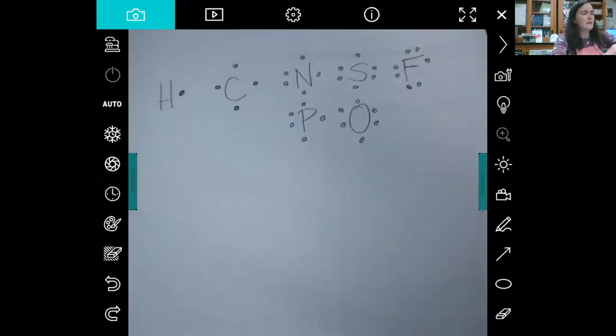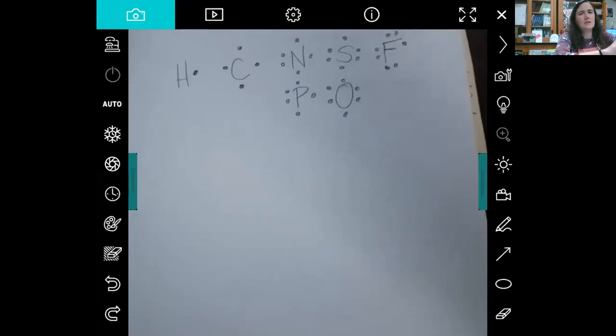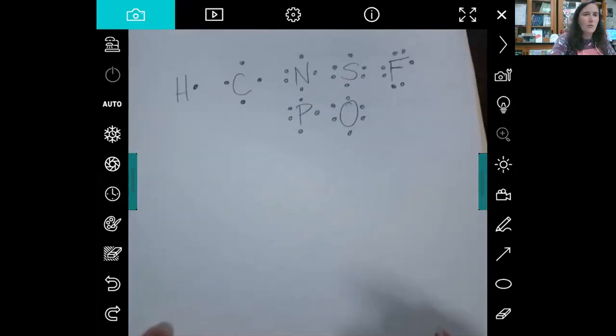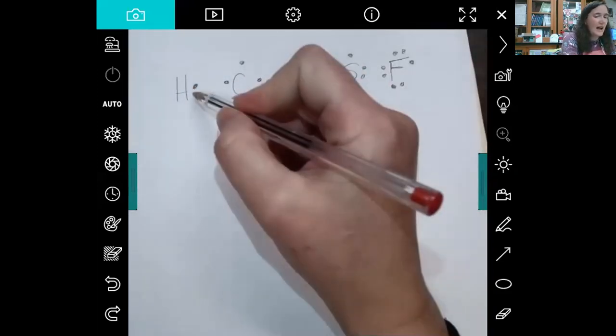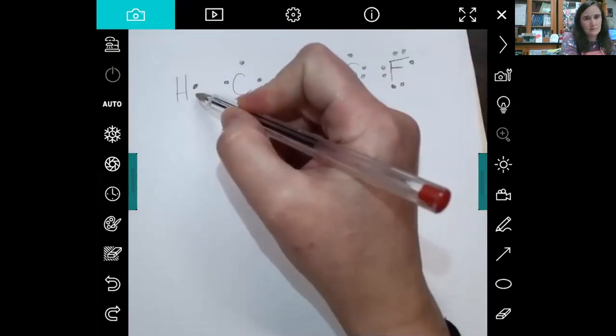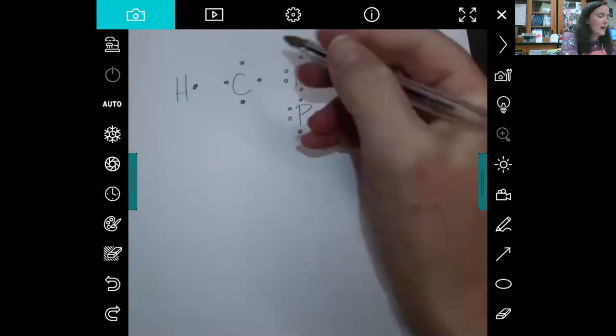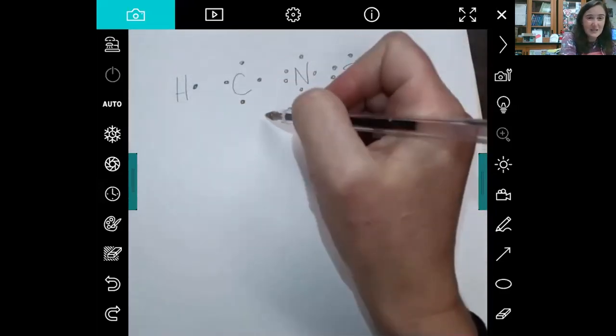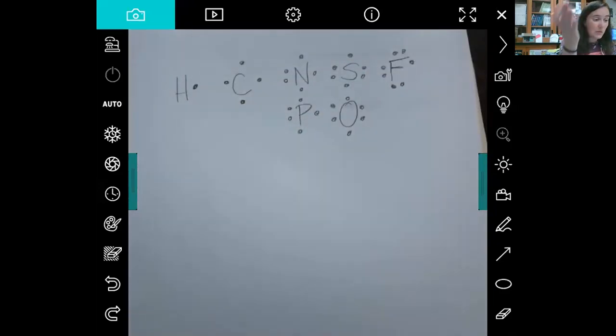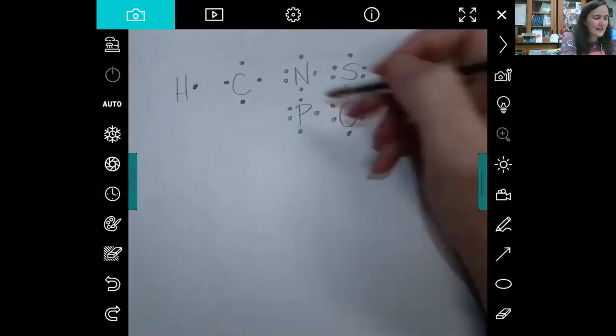So what we're going to be doing today is kind of like doing a puzzle where we can see hydrogen's not going to gain but 1, all right? It only needs 1 extra electron, so it's kind of the main puzzle piece. The rest of these are trying to get 8, so they're trying to get to the noble gases, where they have 8 dots all the way around.